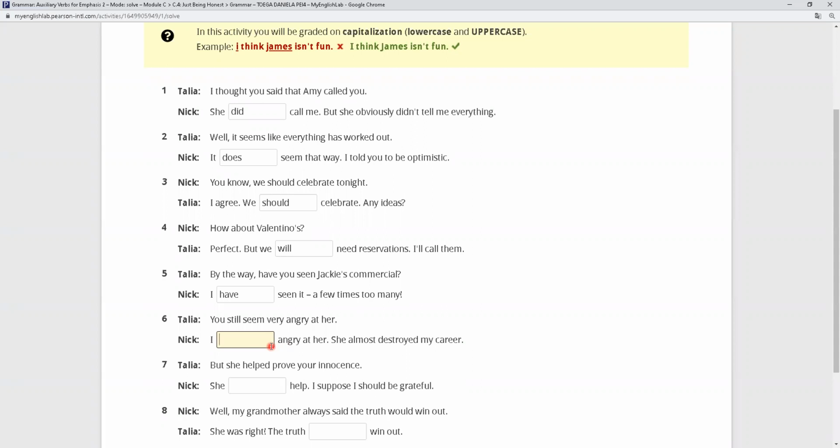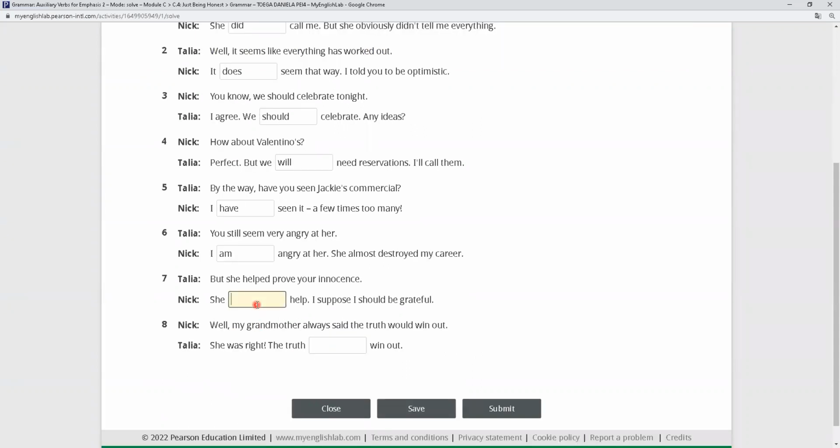En este caso necesitaríamos el verbo to be, porque estamos hablando de un film. I am. Yes, I am. That's correct. She almost destroyed my career. But she helped prove your innocence. She did help.